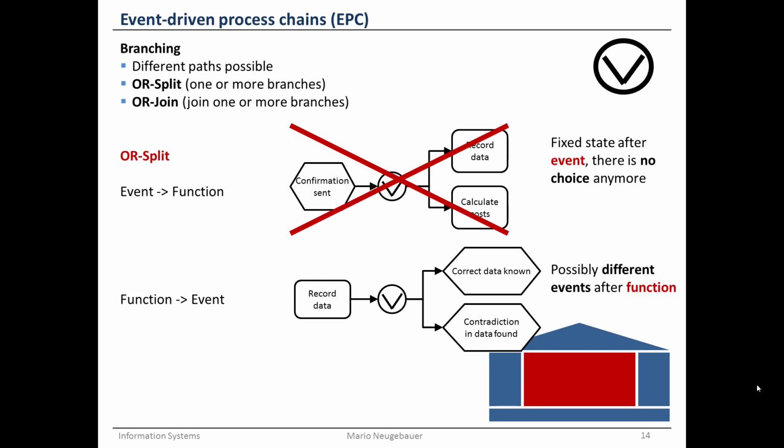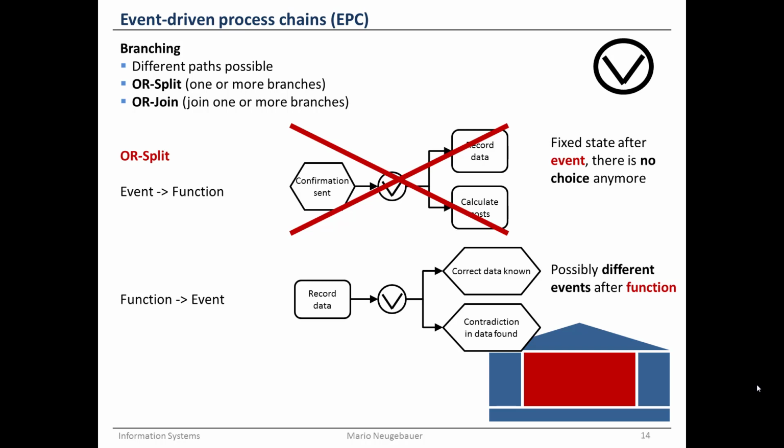Do you go into the first sequence, or are the data not correct? You found a contradiction in the data, and then you continue with the other sequence. So after the function, you decide for either the one or the other, or maybe both.